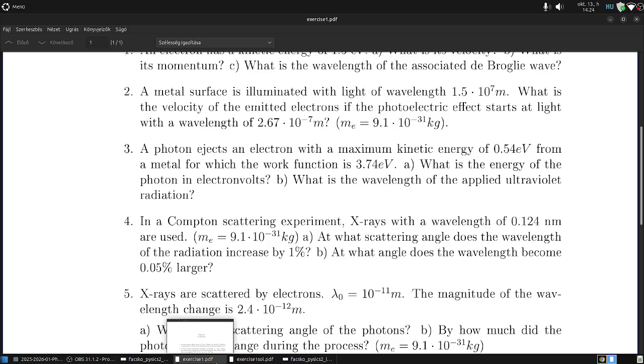But these electrons are bound. There is a negative potential which keeps them in the metal, otherwise they would flow away and we would have a crystal with positive ions. So they are bound. And that bond is this 3.74 electrovolt.